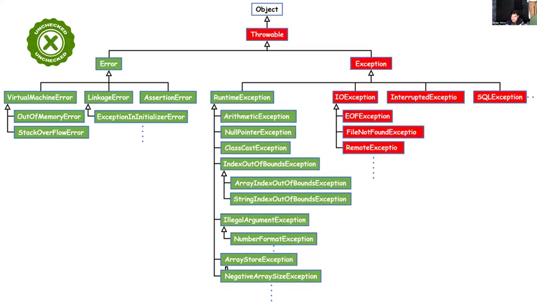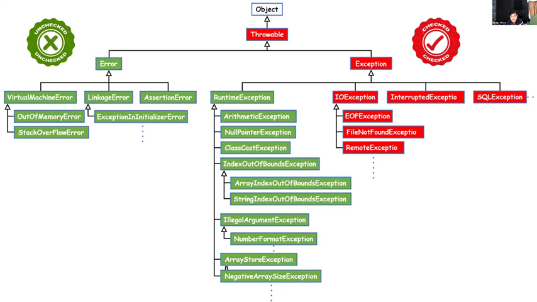Throwable, exception. Whatever you see in green color, they are unchecked exceptions. Their possibility, the compiler will not even tell you. Unchecked. At runtime, directly as a developer, it will give you a shocker. The compiler will not play any role.